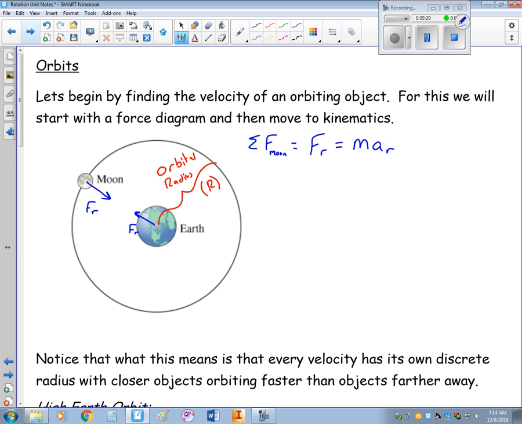So that means then that this radial force, what's providing this radial force is gravity. So it's a gravitational force, which equals mass times, and if I'm interested in linear velocity, I'm going to use the v squared over r equation, where r is the orbital radius. The model for gravity, or gravitational force, would be G times the mass of the moon times the mass of the Earth, divided by the orbital radius squared.